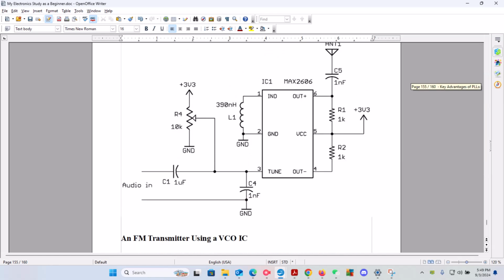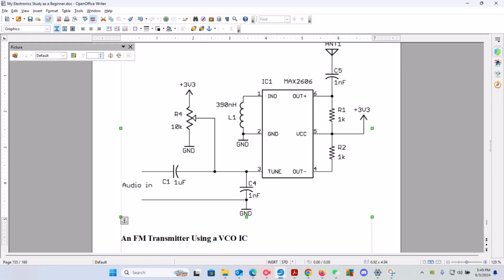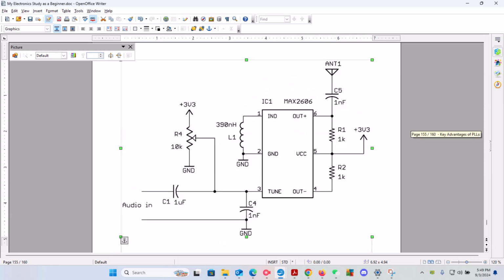And here you can see the actual schematic. As we said before, when we look at a schematic, we want to look at the larger parts first and then the smaller supporting parts. So what we look at is the audio, the chip, and then the antenna. We're looking at the point where the audio goes in through a resistance and indirectly to ground.